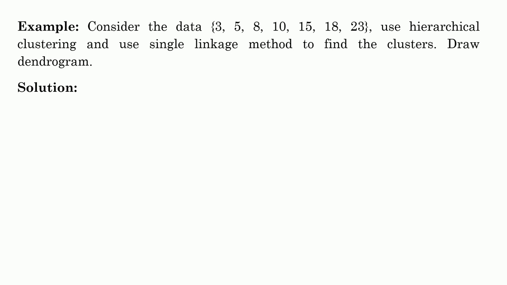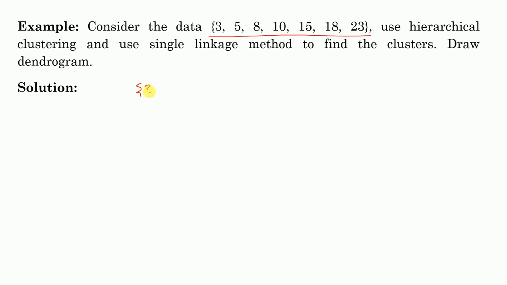Now come to one example. We will solve this example. Data points are 3, 5, 8, 10, 15, 18 and 23. What do we have to do? First we assume that every point is a single cluster, so initially 7 clusters are there.